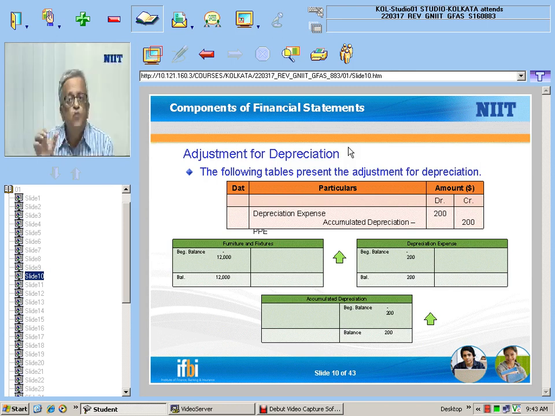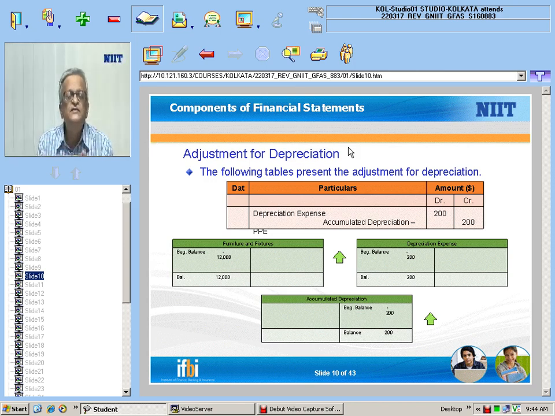So in our books, we have to ensure that depreciation amount, that is the fall in value of the asset, is taken into account. So what do we do? We debit expenditure account depreciation, credit accumulated depreciation.